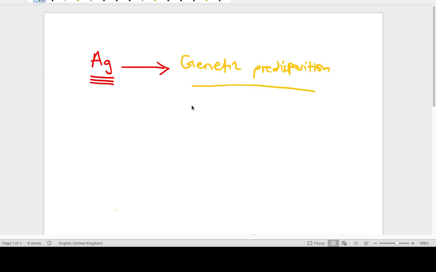There is association with HLA-DR2. There's association with certain polymorphisms in interleukin 2 and interleukin 17 receptors. These increase the susceptibility.